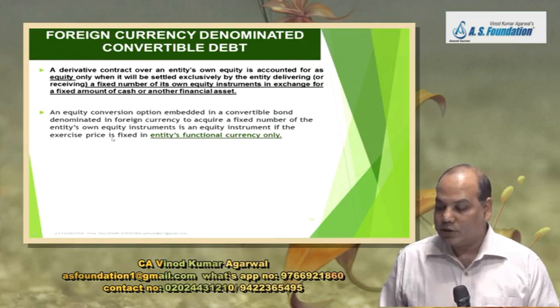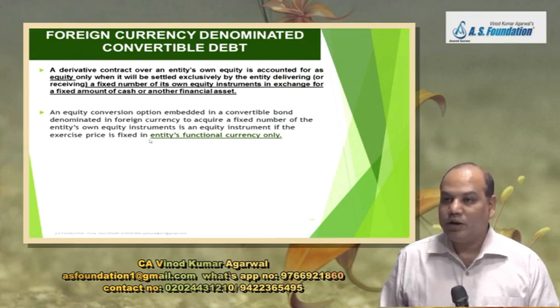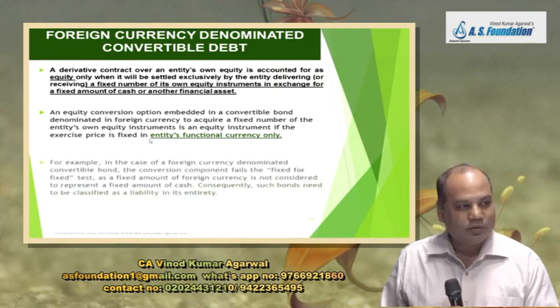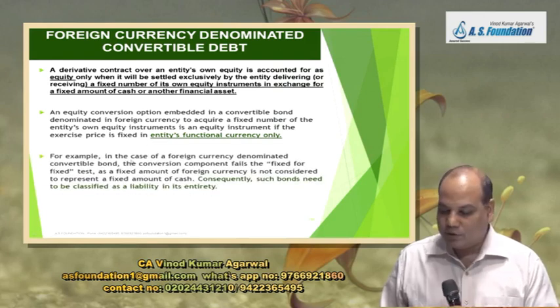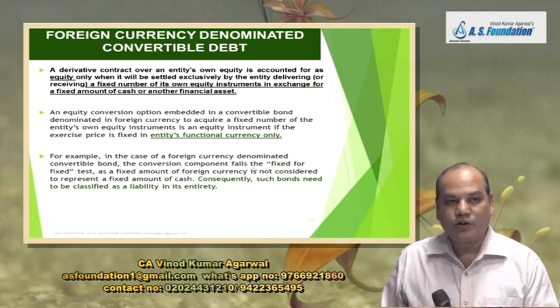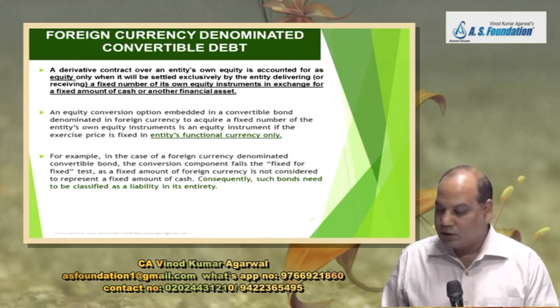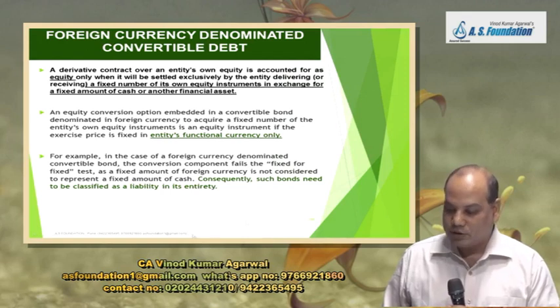Which means if the exercise price is fixed in any foreign currency, then it will not be equity, then it will be liability. For example, in the case of a foreign currency denominated convertible bond, the conversion component fails the fixed for fixed test as the fixed amount of foreign currency is not considered to represent a fixed amount of cash.